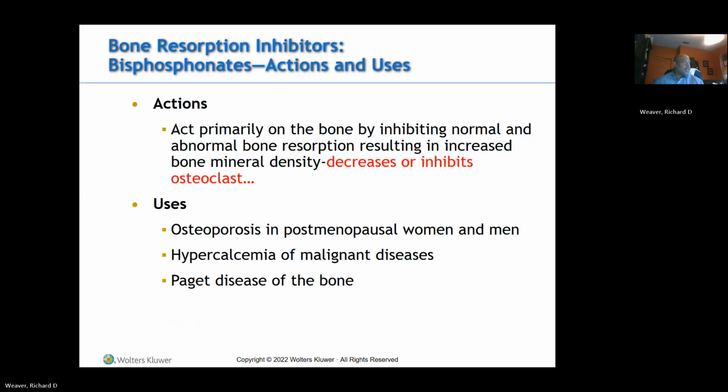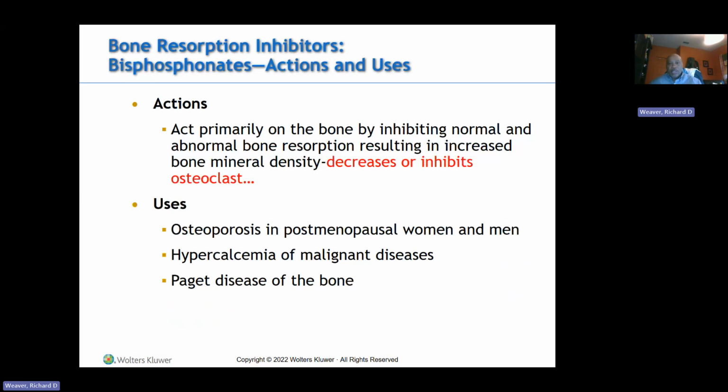All right. Now let's take a look at bone resorption inhibitors. Remember, these drugs are used mostly for women, especially with osteoporosis, and other conditions too, but that's one of the main ones that sticks out. These are the bisphosphonates, and we'll look at their actions.